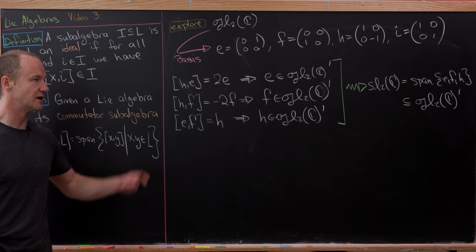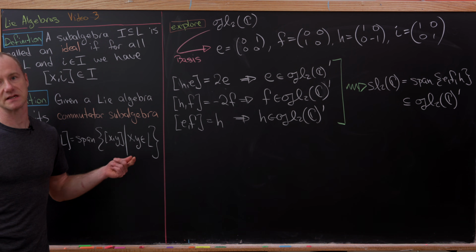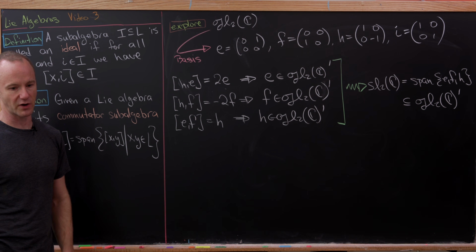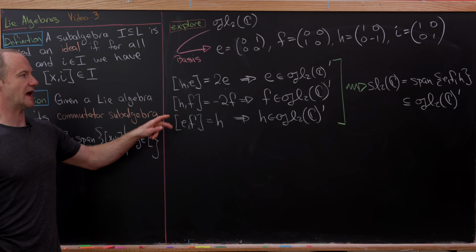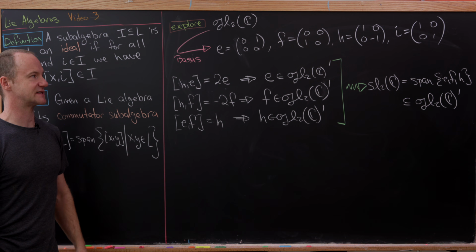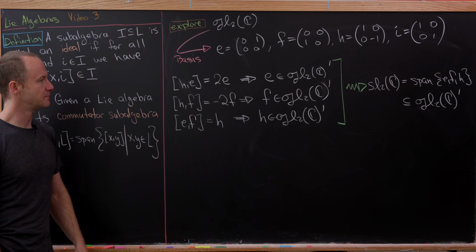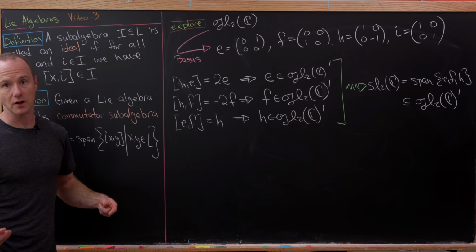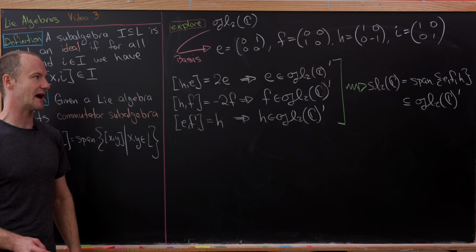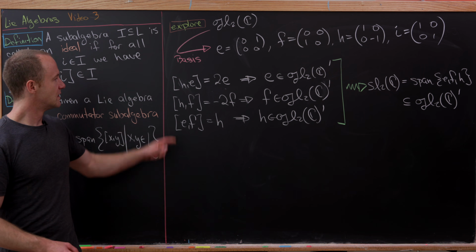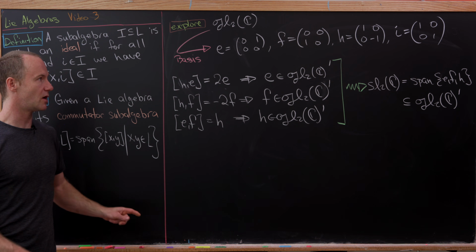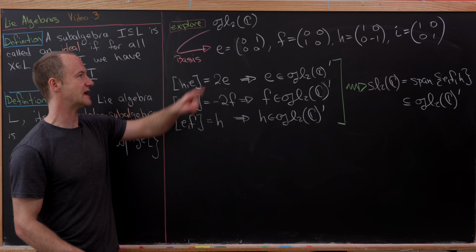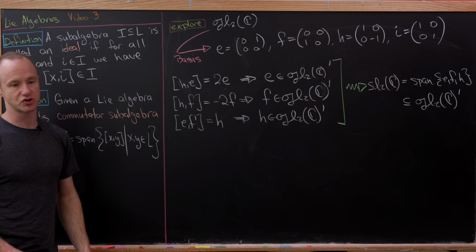It's a subalgebra because we know that it's a Lie algebra and it closes under the bracket. Notice that what we're missing is I. We haven't written I as the bracket of anything. But we're not going to be able to write I as the bracket of anything, because these three bracket relations represent all possible ways of bracketing E, F, and H that are non-trivial.